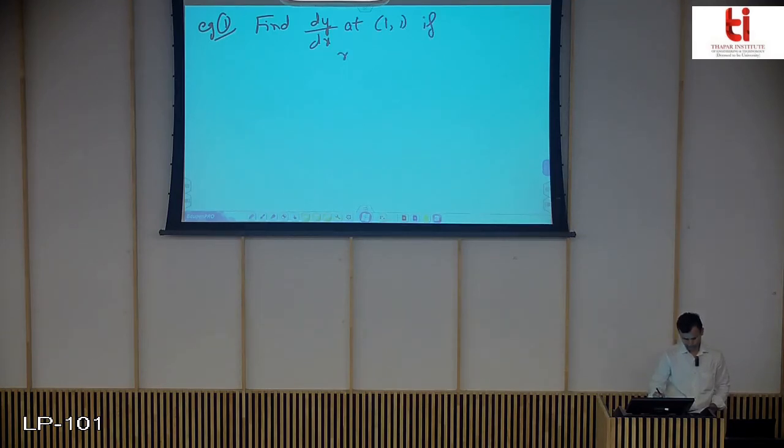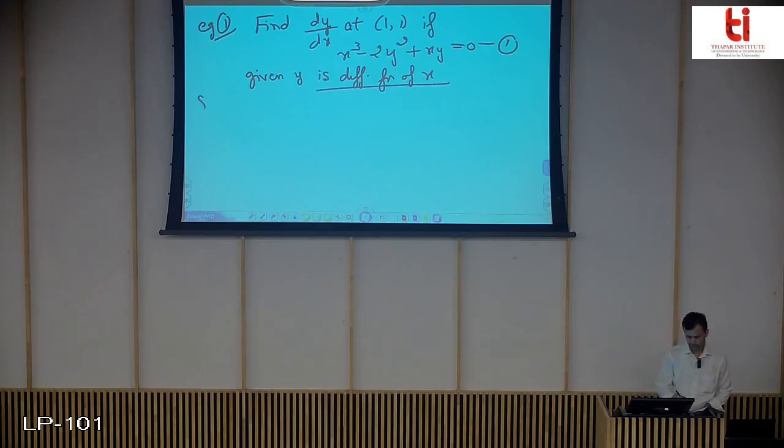You have been given x cube minus 2y square plus xy is equal to 0, and y is a differentiable function of x.